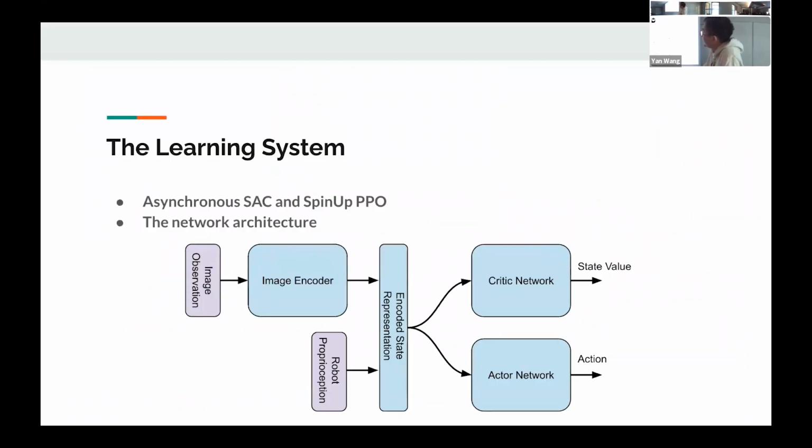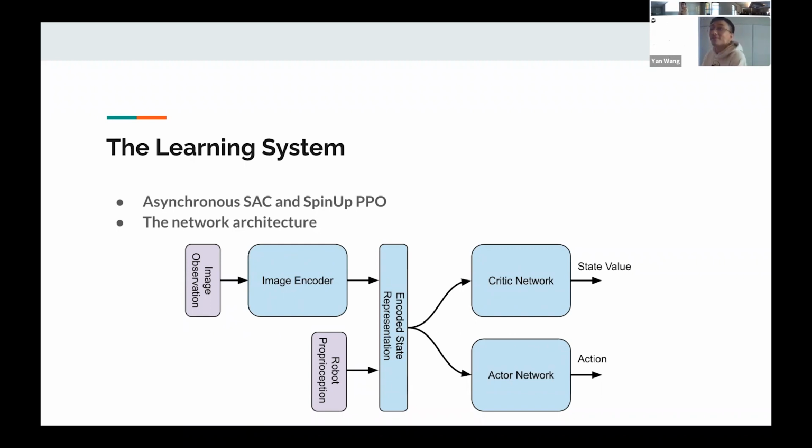The SAC implementation we used for this work is the asynchronous SAC proposed by Yufeng and Yuan in the same ACRA paper, and the PPO implementation is Spinning Up PPO. We also use the same neural network architecture proposed by Yufeng and Rupam to parameterize policies for SAC and PPO.